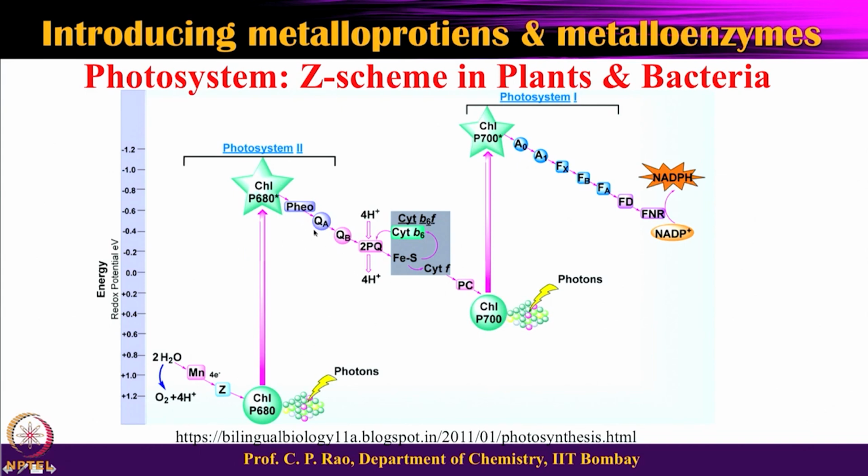There are different electron transport proteins. I will be explaining electron transport proteins when I come to the iron story and when I come to the copper story also, and this will go here and this part will go into the photosystem 1.